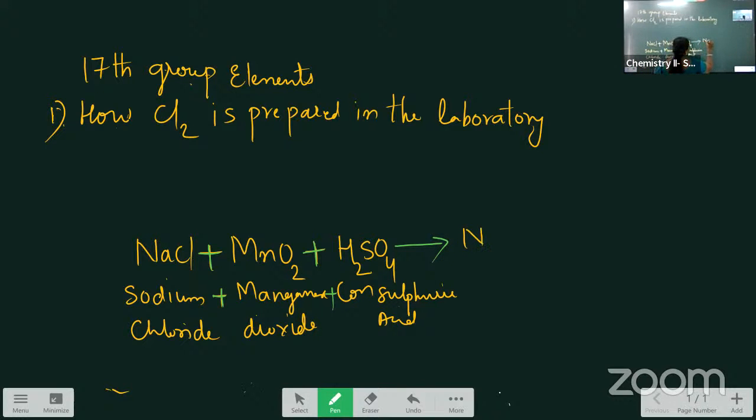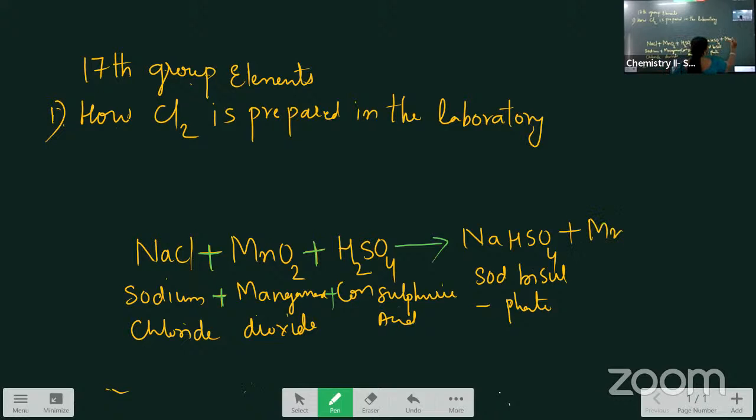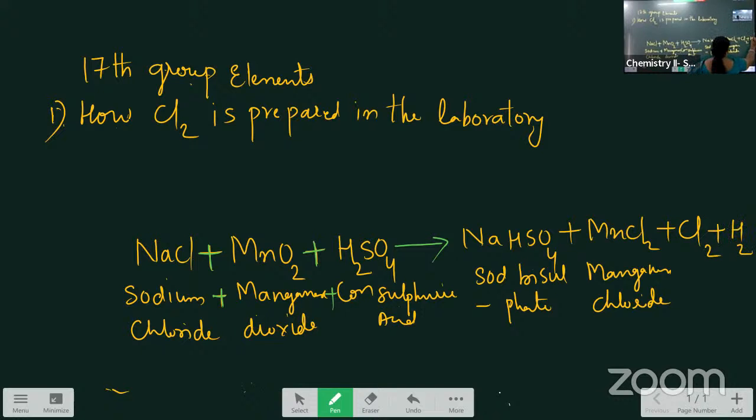You get sodium bisulfate plus MnCl2, manganese chloride, plus Cl2. This is our main product, that is chlorine, plus you will get some water molecules also.